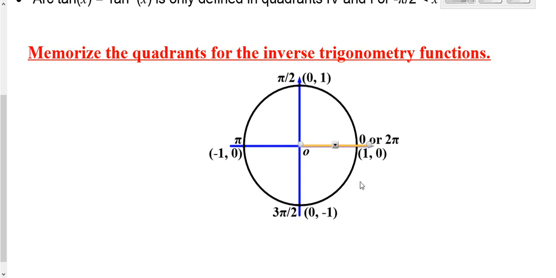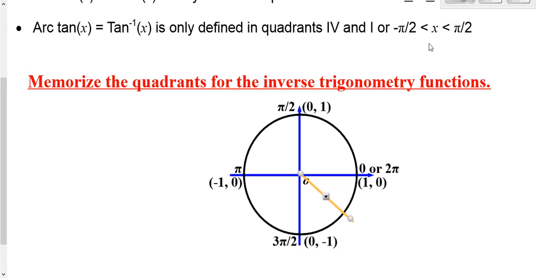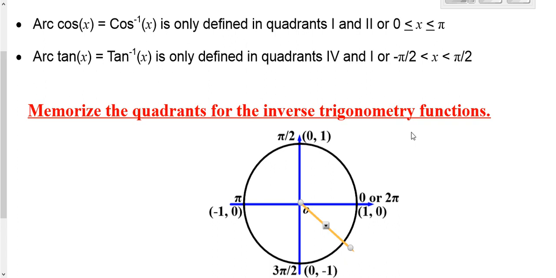However, if your angle's in the fourth quadrant, suppose you were down here, you would not want to rotate all the way around because it says you can't go past pi over 2. If you're in the fourth quadrant, you have to start here and rotate down to that angle, and it would be a negative angle. Because according to what it says here, it's from 0 back to negative pi over 2, or 0 to positive pi over 2.